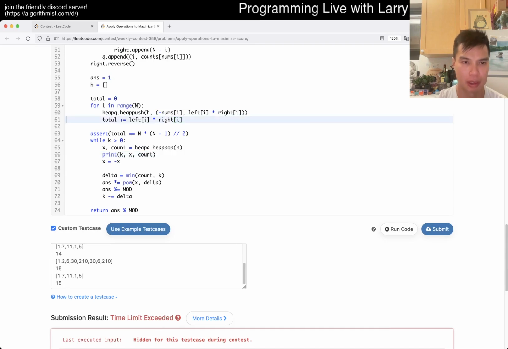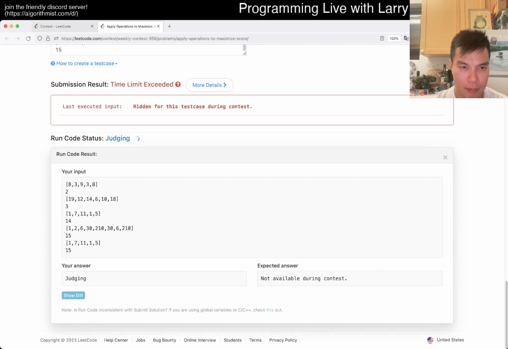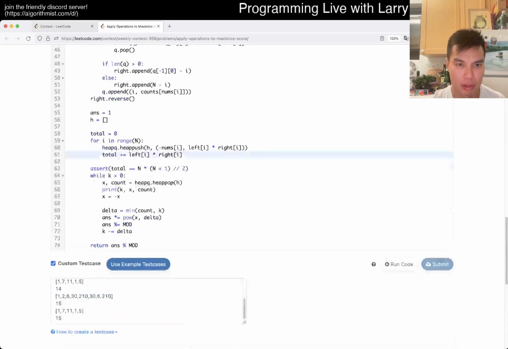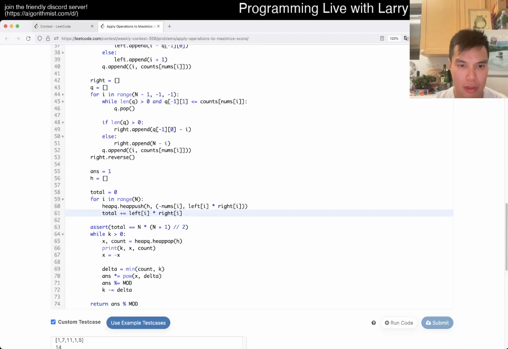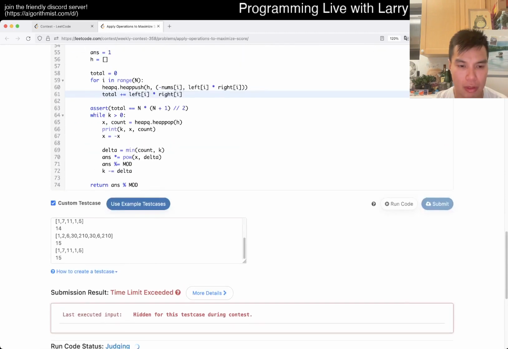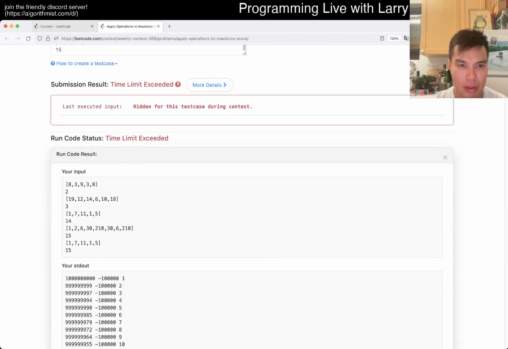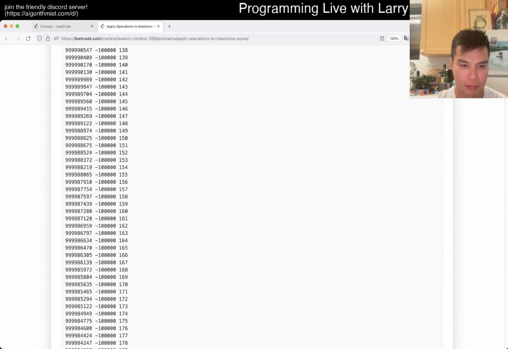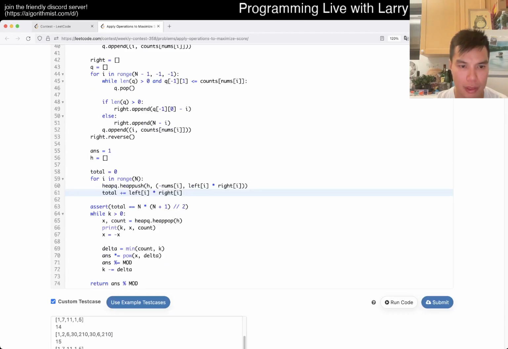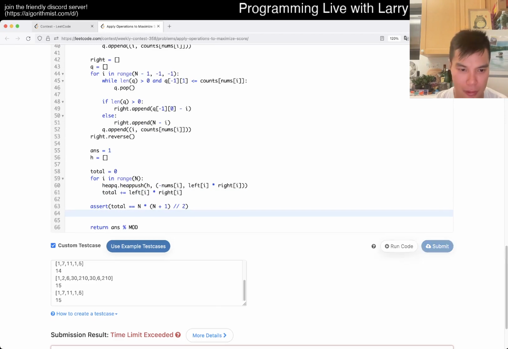Because it should just be at most. Why is this so slow? Like, I don't get it. Why is this so slow? Like, if I get rid of this, is it fast?